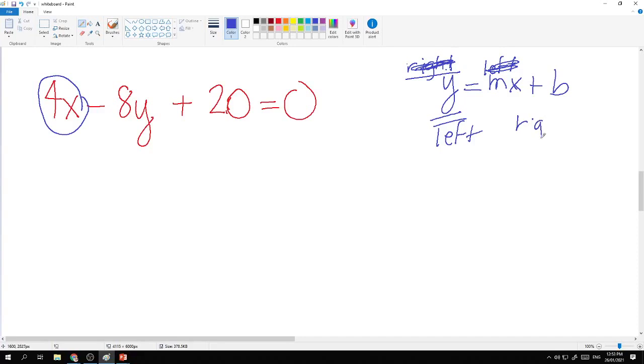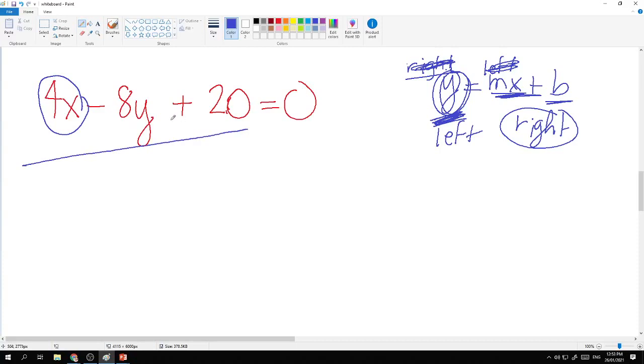Now, the left side should contain the variable y. The right side should contain x and the constant term. Let's examine this one. This is the left side of the equation.